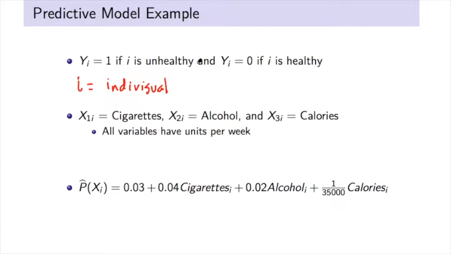So i is essentially a person. So the first person, the second person, and so on. yi is equal to 1 if i is unhealthy, and yi is equal to 0 if i is healthy. So this is again a binary outcome. It takes on two values. A person is healthy or unhealthy.